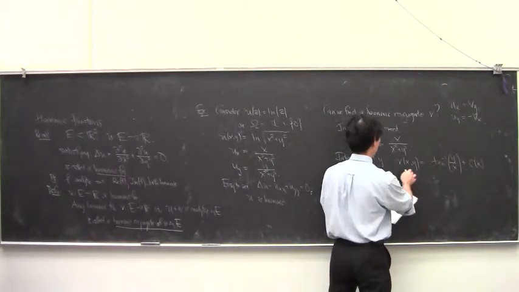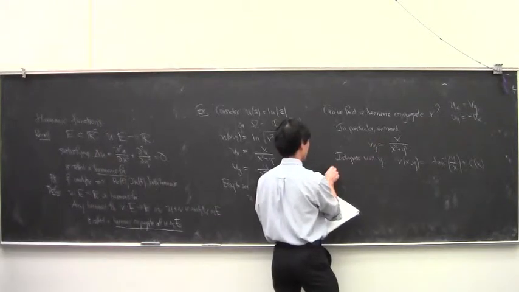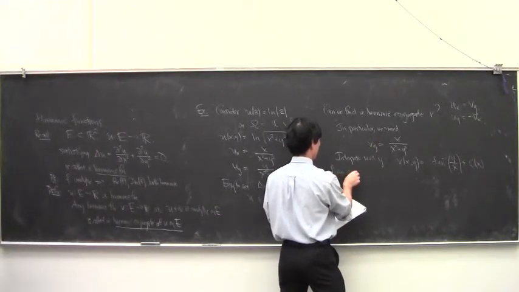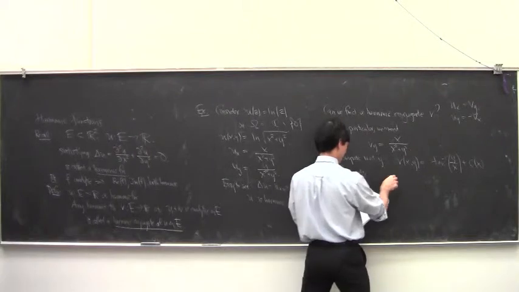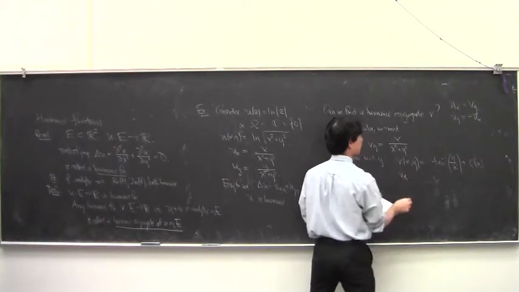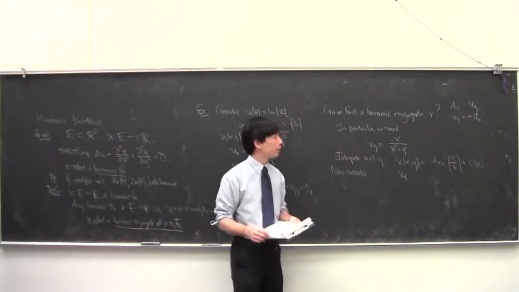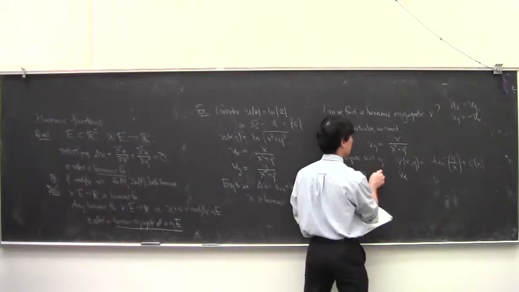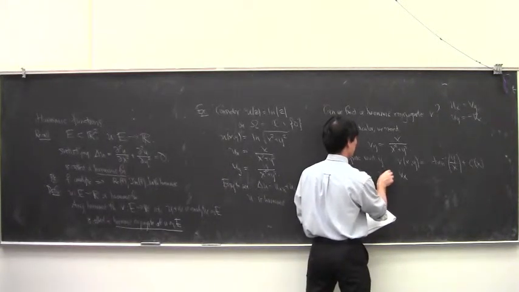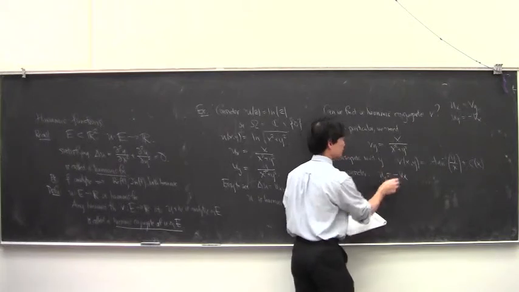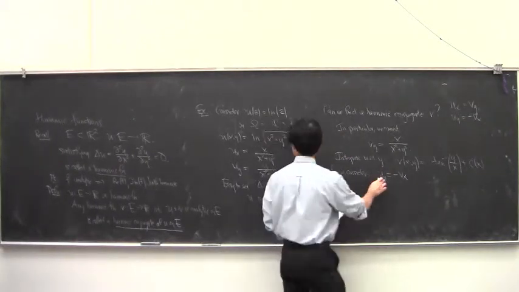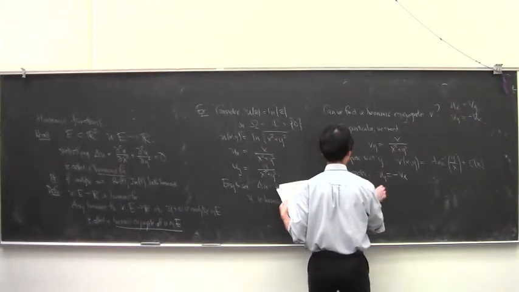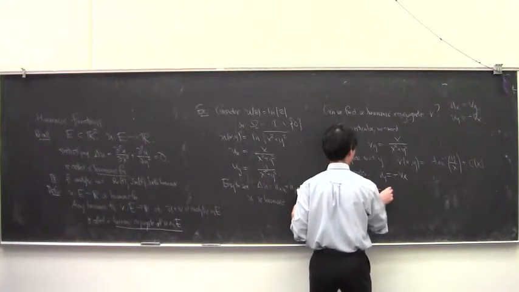Now consider v sub x. We need u sub y to be negative v sub x. Well, u sub y is y over x squared plus y squared.